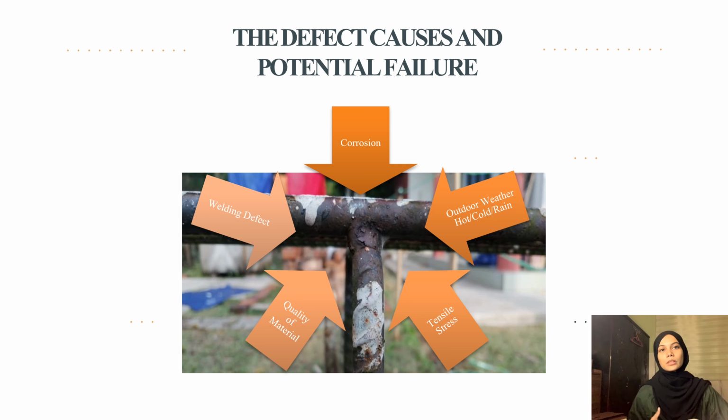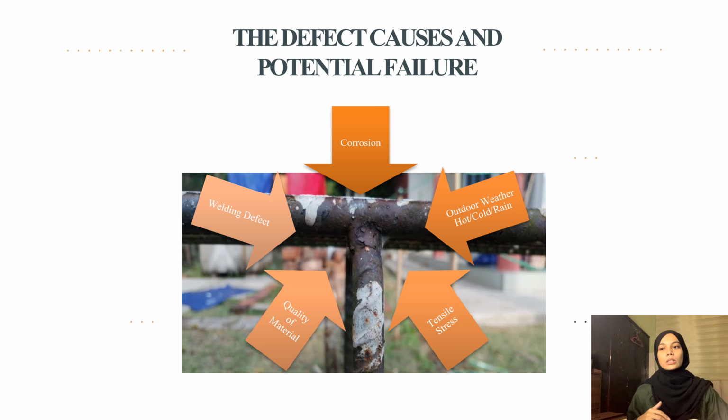Another cause is the quality of the material itself. This mild steel material is quite cheap and hollow, so it can easily corrode and form defects after several times of use. So the quality of material can affect the material as well.